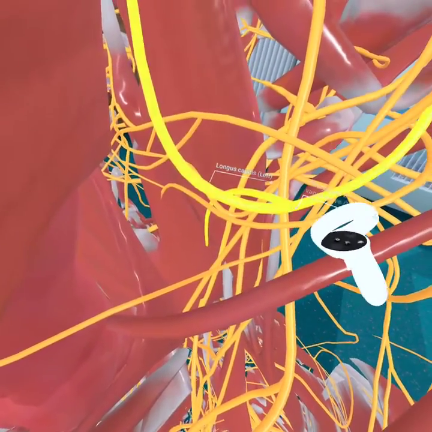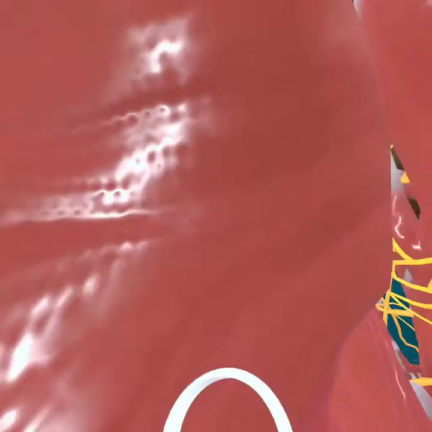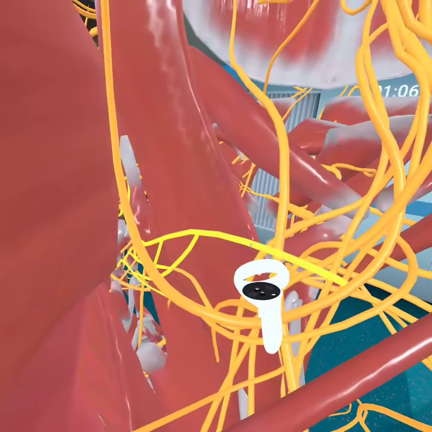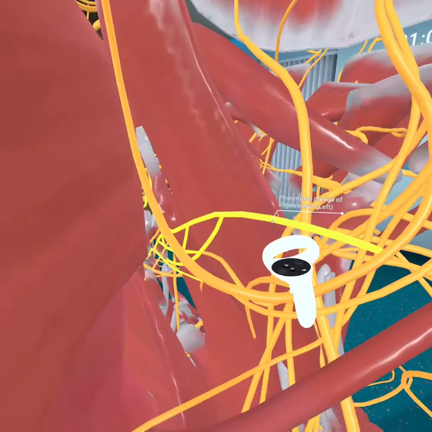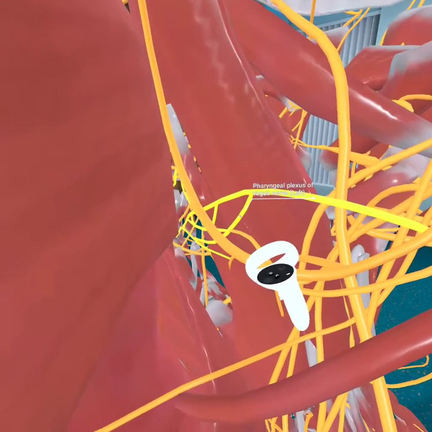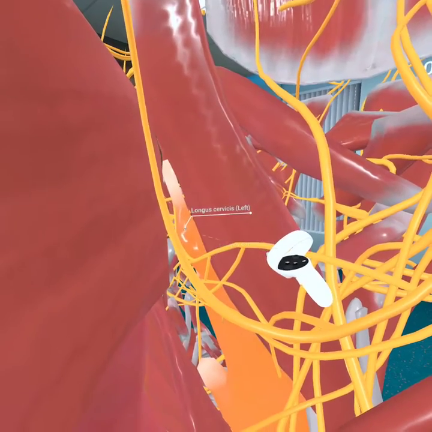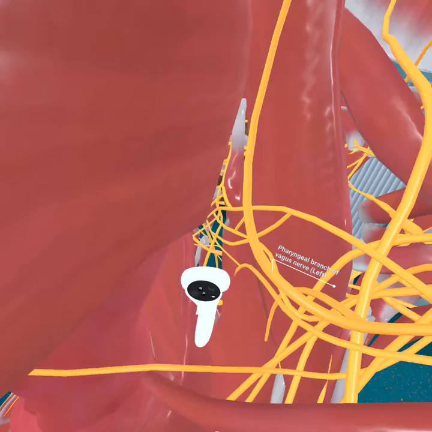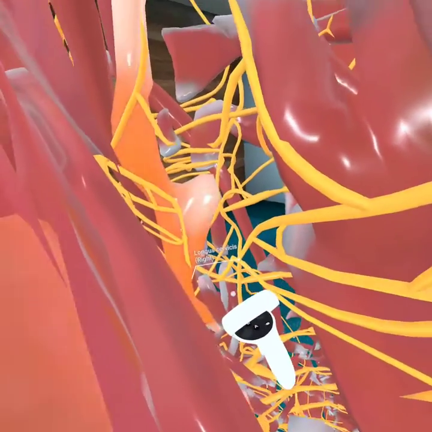Now, the pharyngeal plexus of the vagus nerve also branches off of here and goes in there. And here is what she had on the slide, and it looked like a bunch of networks together, as you can see right here.